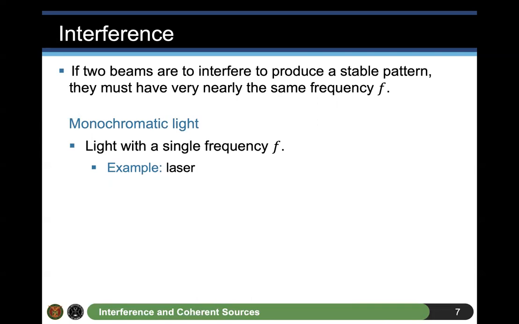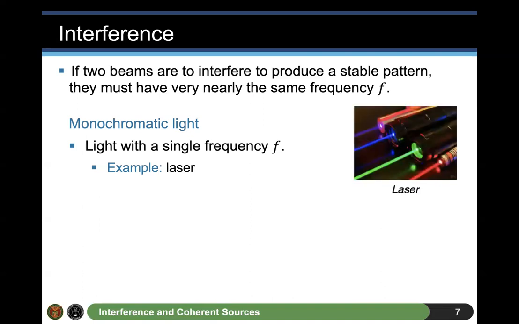That's why it is monochromatic. Mono means single. Chroma means color. Single colored light. So this monochromatic light is any light with a single frequency f. For an example, lasers. So that's why they are monochromatic, single color. Okay, you have just a purple laser, blue laser, red laser, green laser, etc.